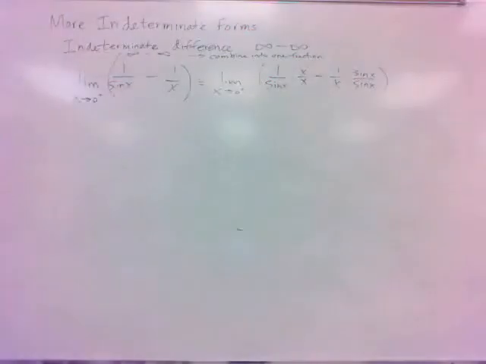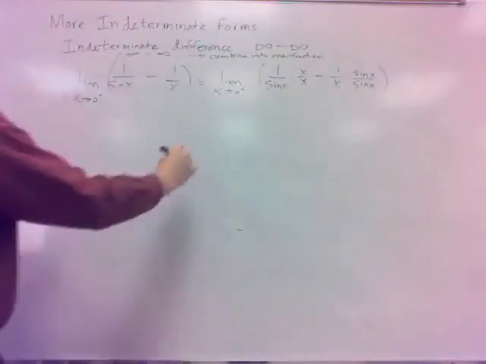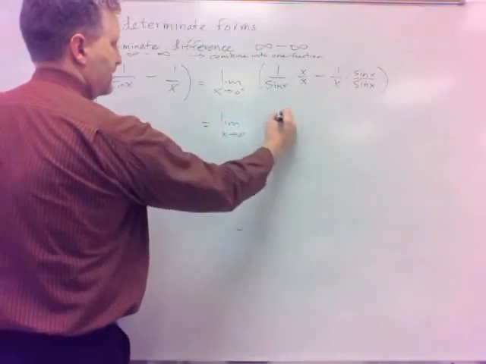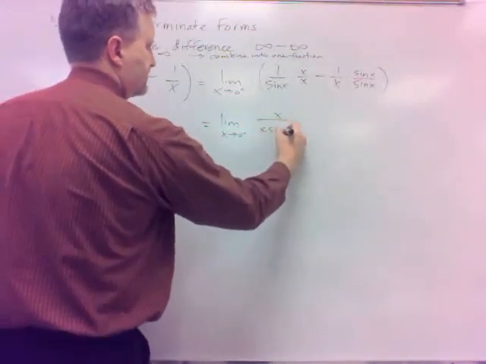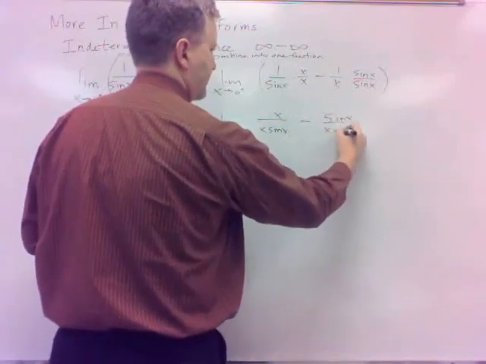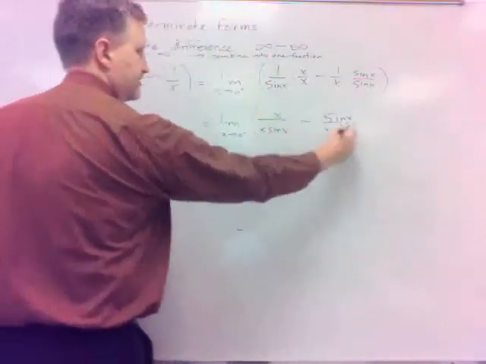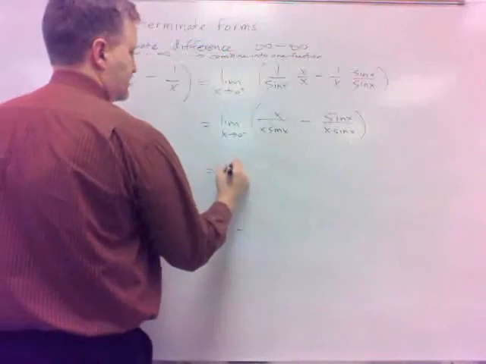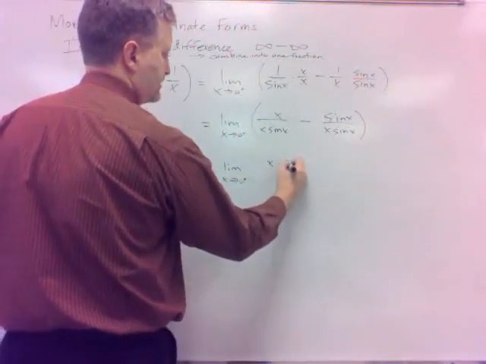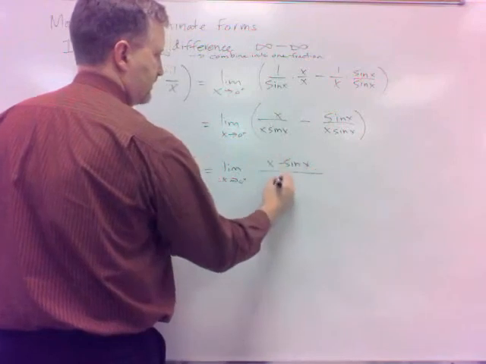Know what I mean? So that would be the limit as x goes to 0 from the right of x over x sine x, minus sine of x over x sine x. So I can combine them now because I've got a common denominator. So that would be the limit as x goes to 0 from the right of x minus sine of x over x sine of x.